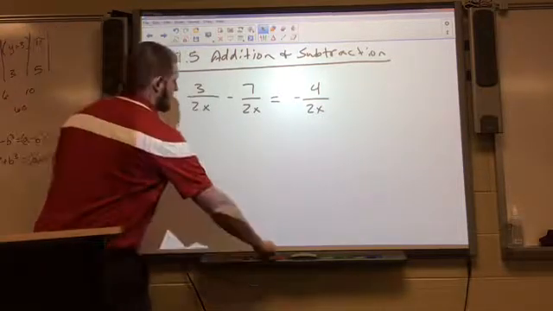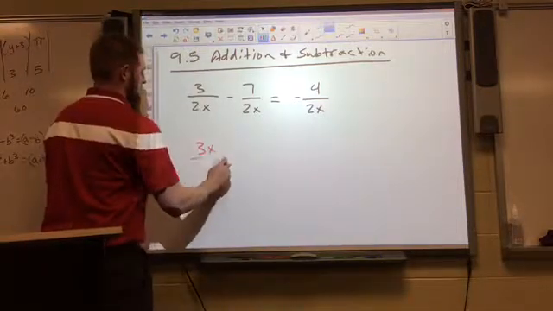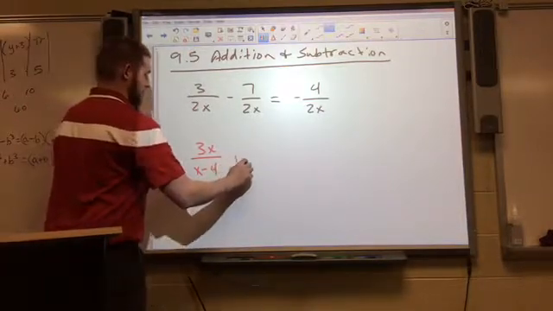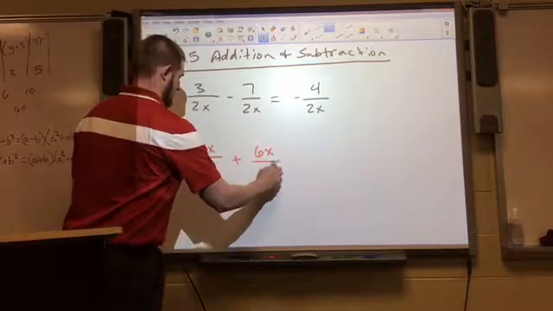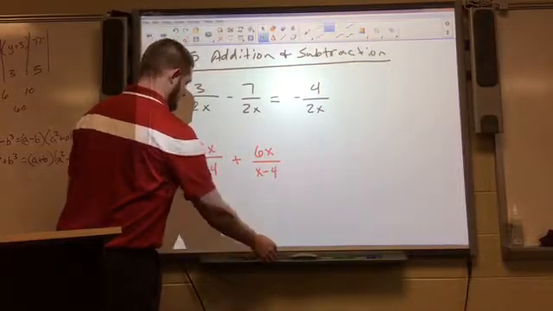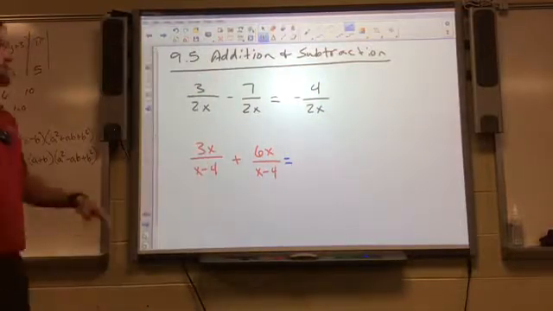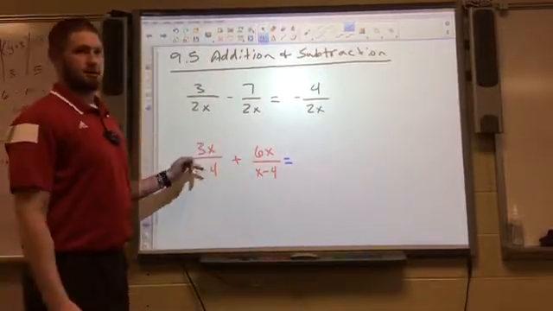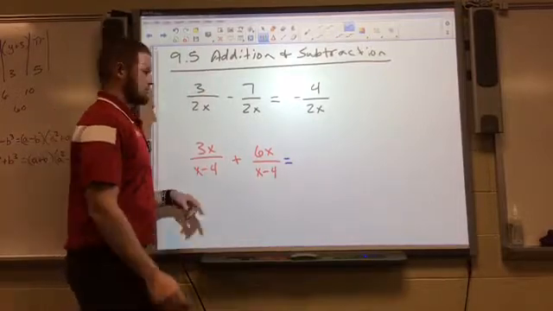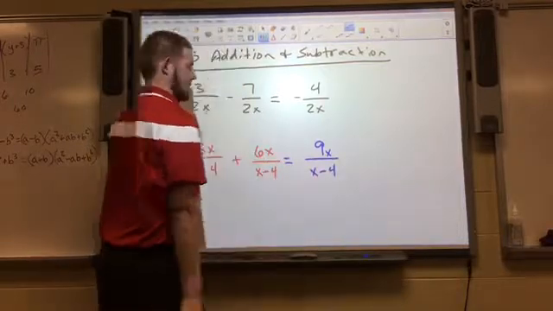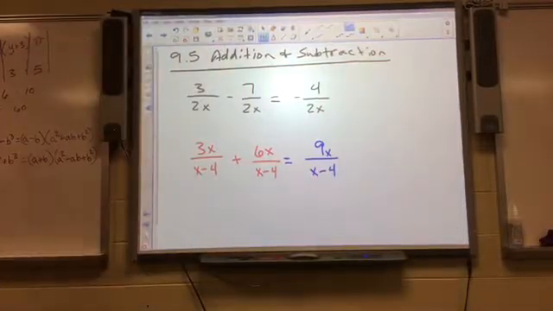The next one, I have 3x over x minus 4 plus 6x over x minus 4. Do I already have a common denominator? Yes, so it's not an issue. Can I combine 3x and 6x? Yes. For a total of? And you're done. It's going to be fairly simple when the denominator is already the same on both of them.